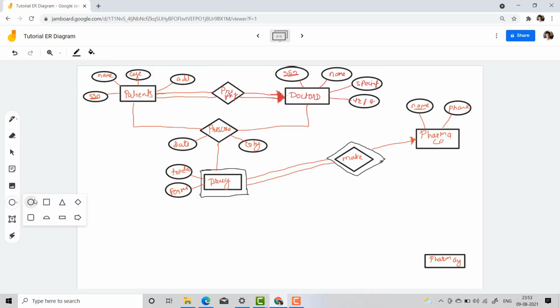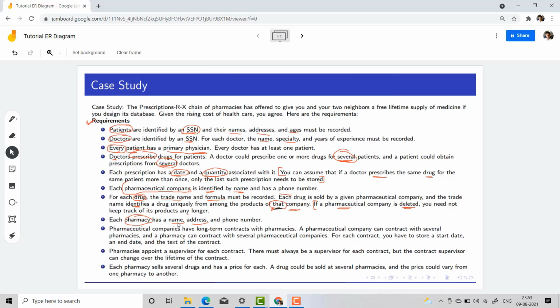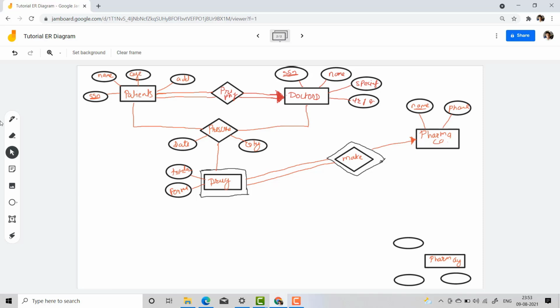So we need to draw 3 ellipses also. So the 3 attributes are name, address and phone number.